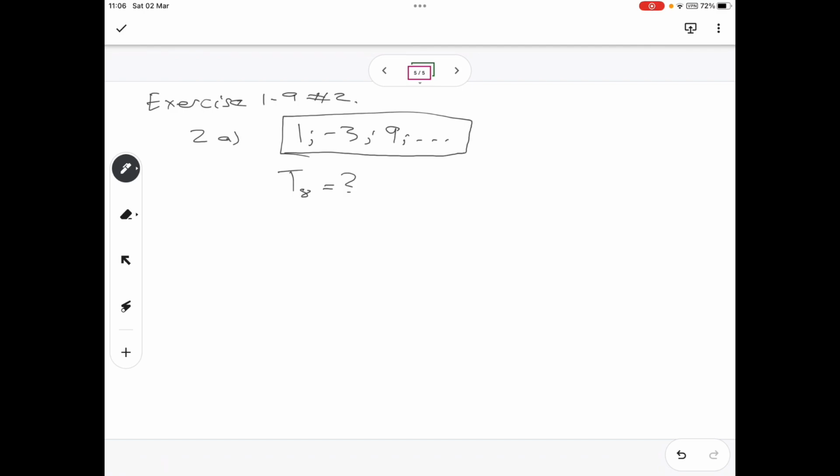So I want you on your workbook to write down that sequence 1, -3, 9, and then we're gonna get our key data, so our first term, constant ratio, and our general term formula for the sequence.